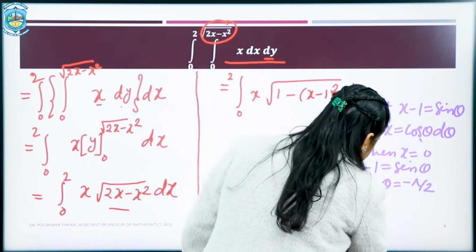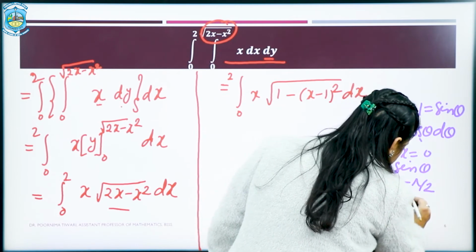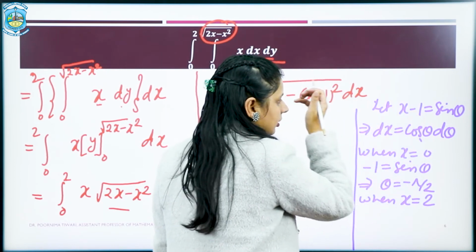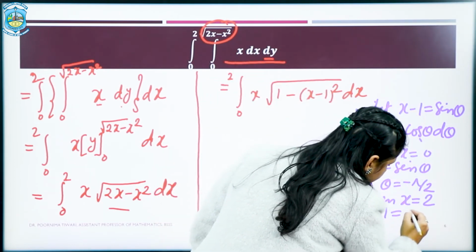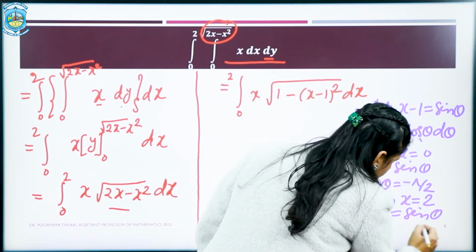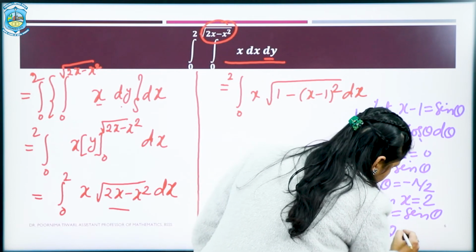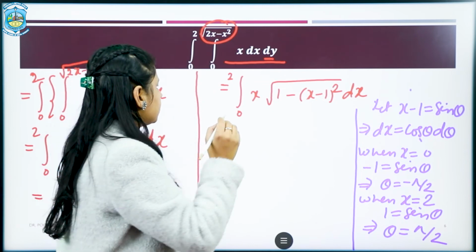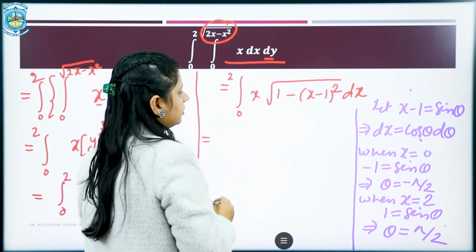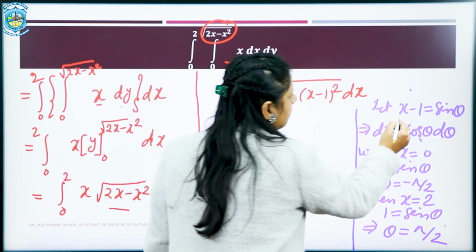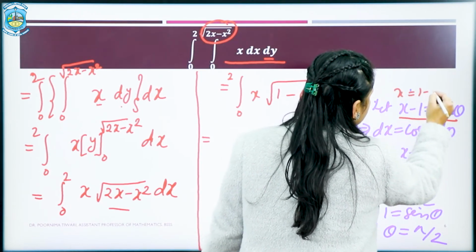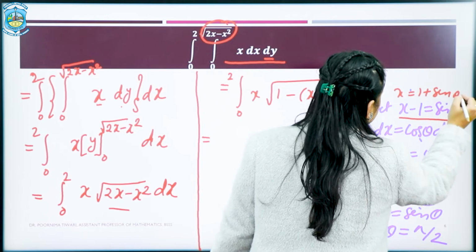And when x equal to 2, we will get 1 is equal to sin theta. It means theta is equal to pi by 2. On substituting these values, value of x we will find by this relation and x will be 1 plus sin theta.